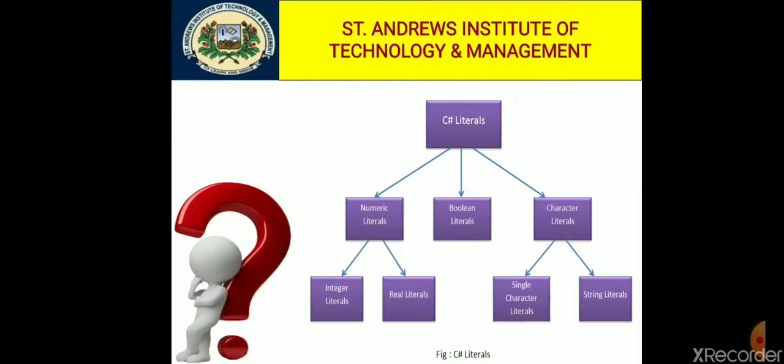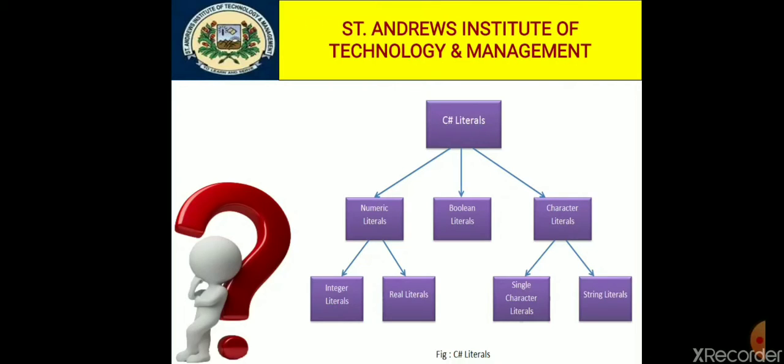Come to the next slide. In this slide, we are discussing the types of constants or types of literals in C#. Basically, C# literals or constants are categorized into three major categories. The first one is numeric literals, the second one is boolean literals, and the third one is character literals.